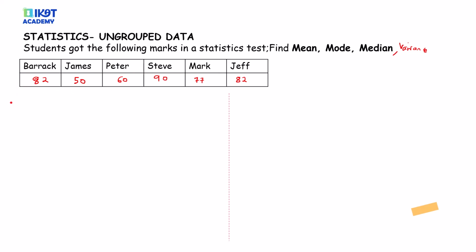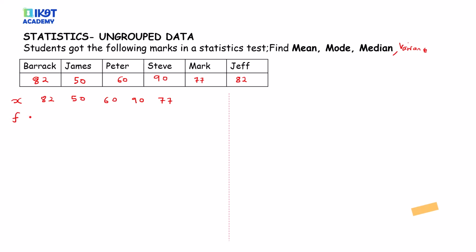So what we call the x values are usually the marks, or the variable in this case. So we have 82, 50, 60, 90, 77. And I told you last time we don't have to write a number twice if it exists twice. Then f represents the frequency.